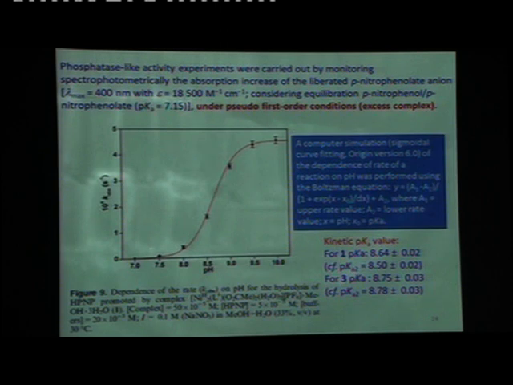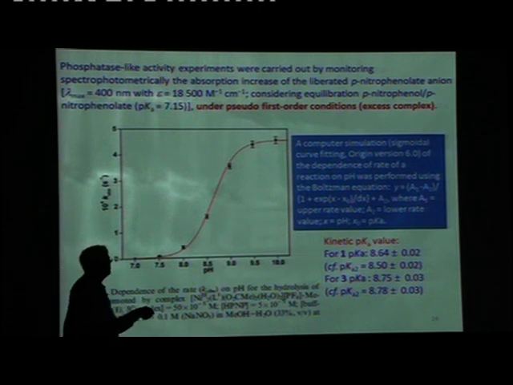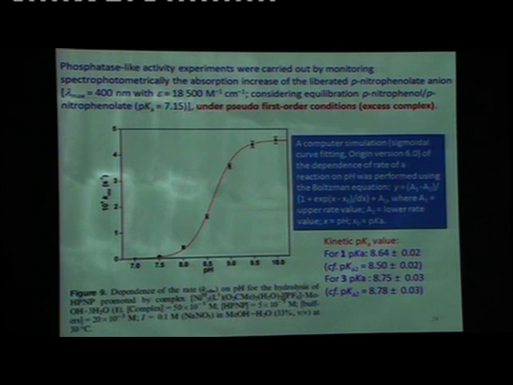Once you get all these data points, with scattering and everything handled appropriately, then you do a computer simulation with the appropriate equation, and you can determine the pKa from kinetics. And that pKa was also determined from potentiometric titration. So this kinetic pKa value has been determined to be 8.64, for the pyridyl and amine, and this value coincides with the second pKa, 8.5.